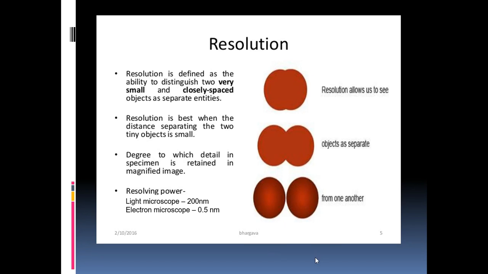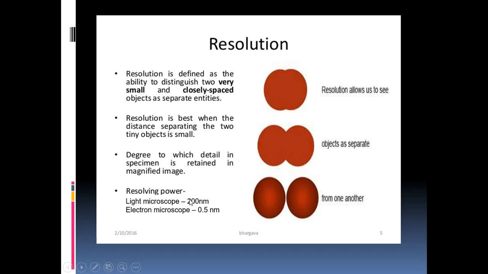Okay, let's say you are observing two dots using a light microscope, and the distance between the two dots is 50 nanometers apart. So observing both of the dots using a light microscope will cause you to see them as one dot. Why? Because the resolution of light microscope is only down to 200 nanometers.